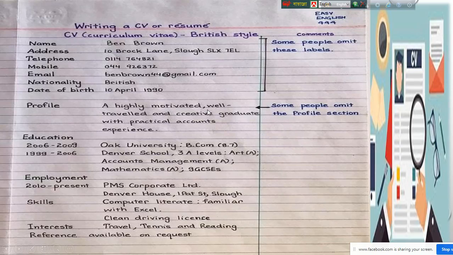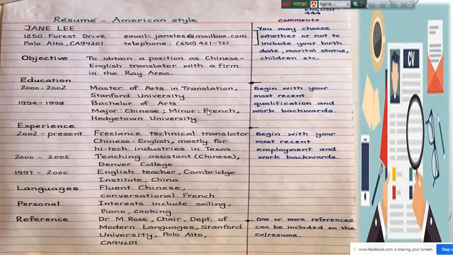It is about the British system of writing resume. But as I mentioned repeatedly, it depends on what your employers want to know from you. That is very important. Okay, so let's see what happens to the American writing style of CV.